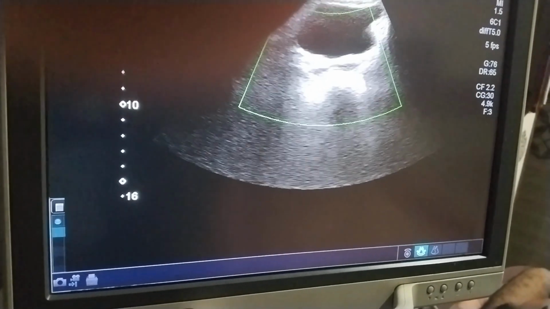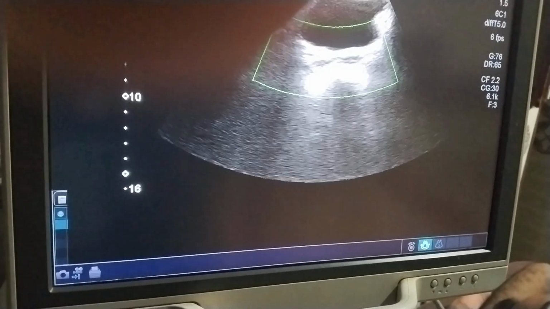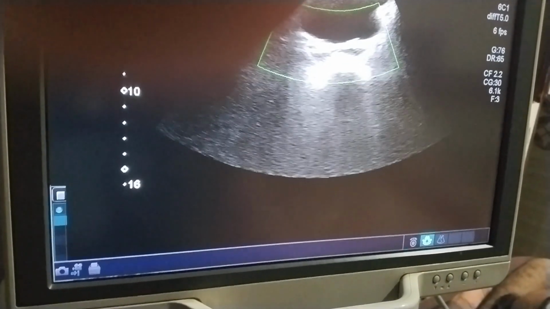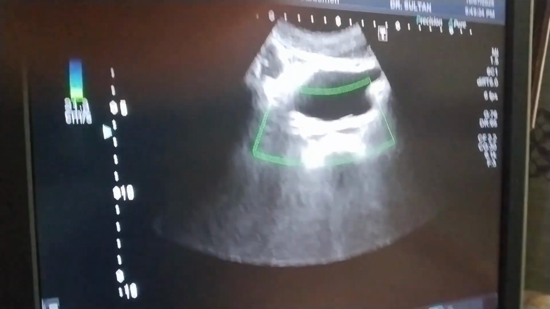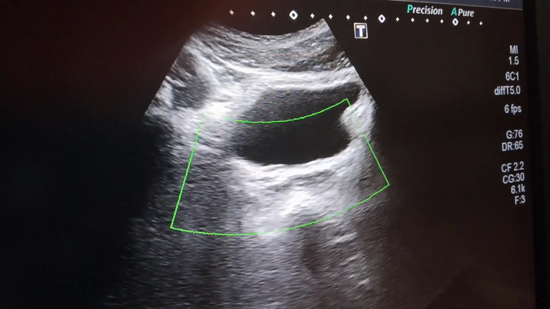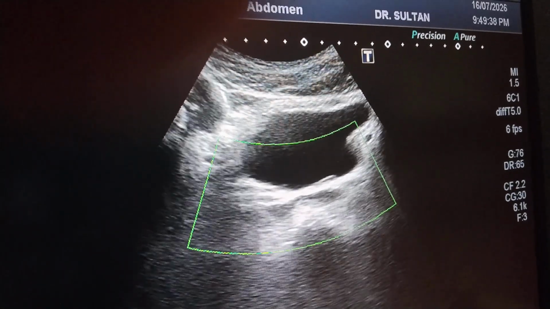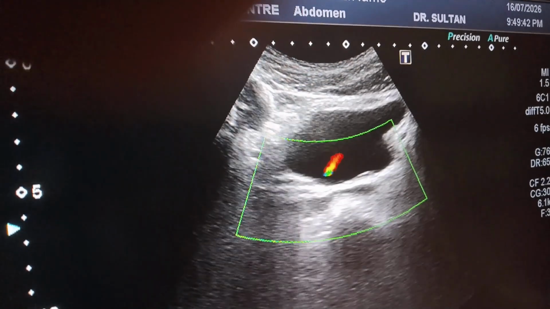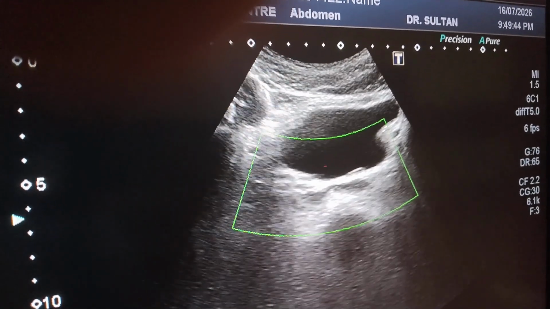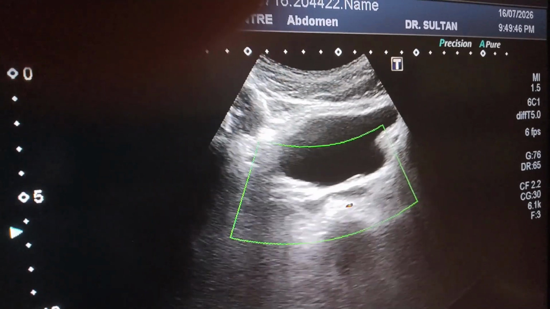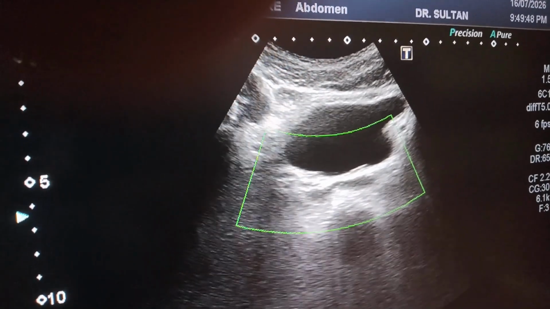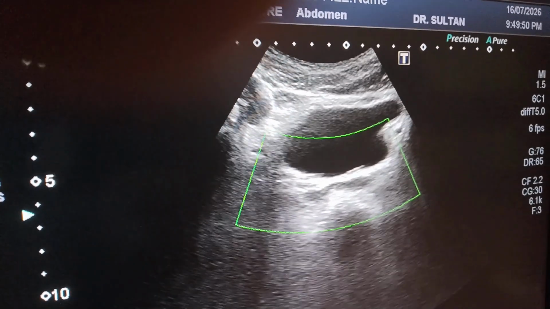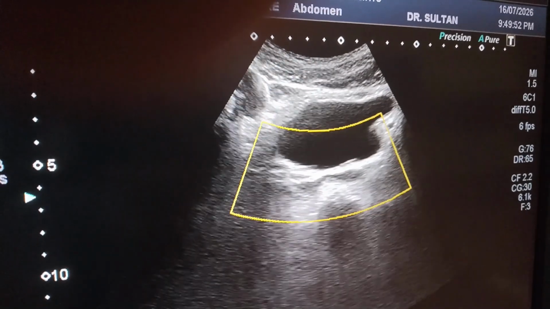We can wait. Look here, we can appreciate the jet with the color, the urinary jet through the ureteric orifice at the vesicoureteric junction.